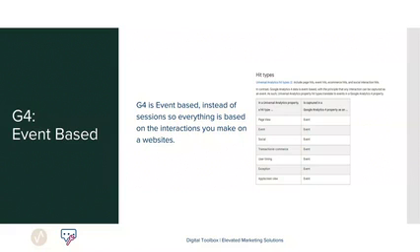When you think about interactions on a website, you came in and did certain items, and then you had the capability to measure that. How G4 is different is that everything is based on events. So even coming into the website is a page view, and that is a particular type of event.